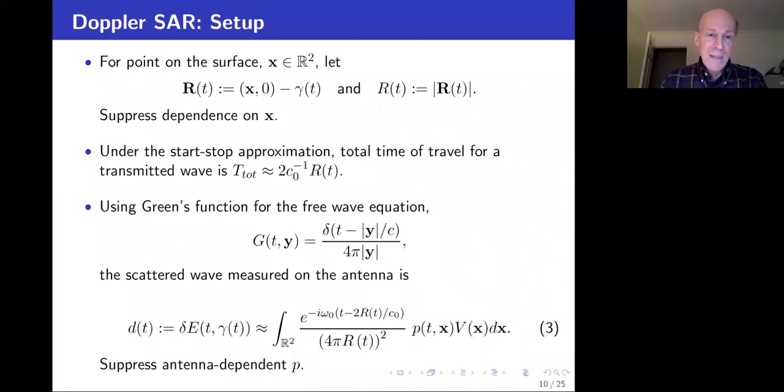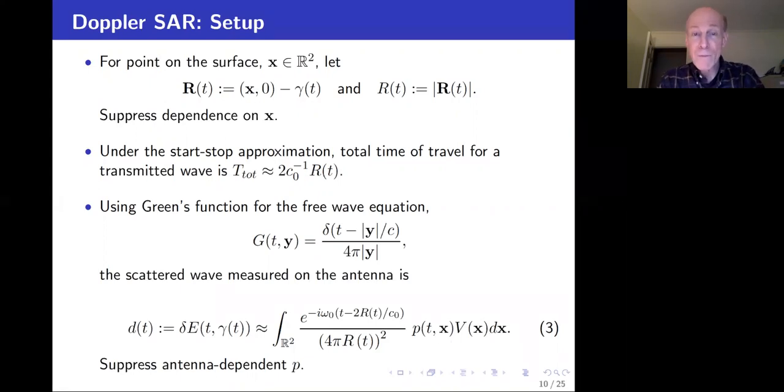equation. And that means that the scattered wave measured on the antenna is a function just of the variable t. It's, in other words, delta E measured on the flight path. It's given by this integral here. So it's v of x integrated over R2 against a weight, a p of t,x, which is antenna dependent.